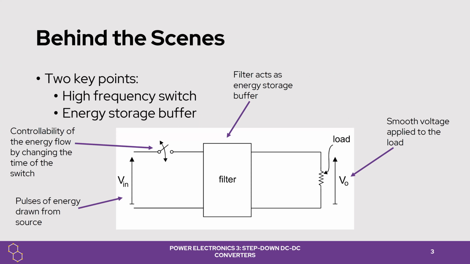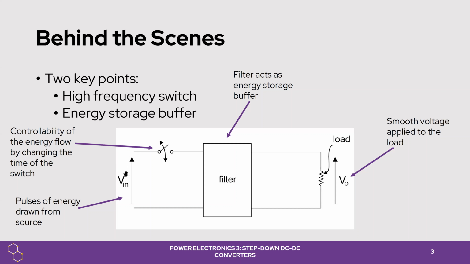Now let's have a look at the logic behind the step-down DC to DC converters' working principle. The circuit diagram on the slide is a rough illustration, which includes prominent circuit components which help the converter to attain two aforementioned key features. Vin is the energy pulses drawn from the power source here.